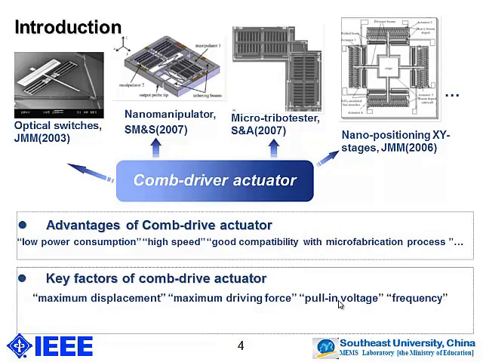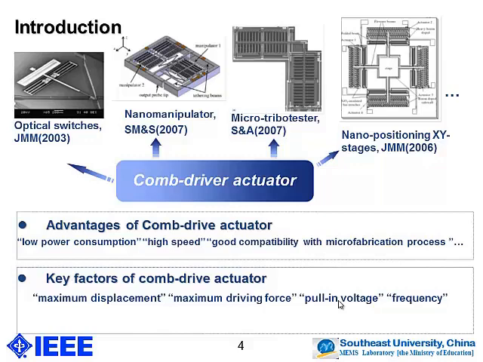What are the key factors of the comb-drive actuator? They are maybe the maximum displacement, the driving force, the pull-in voltage, and the frequency. The comb-drive actuator is better with larger maximum displacement, larger driving force, and lower pull-in voltage.